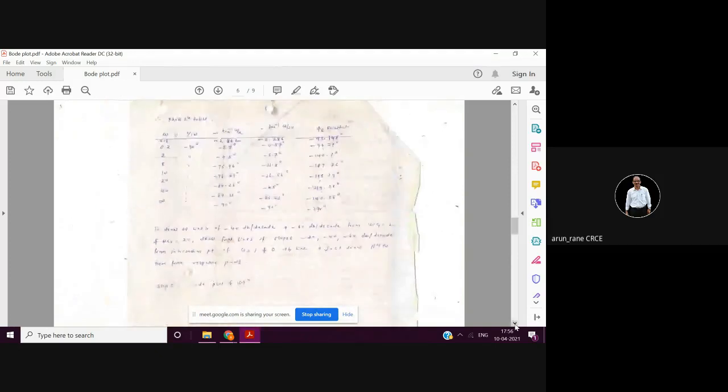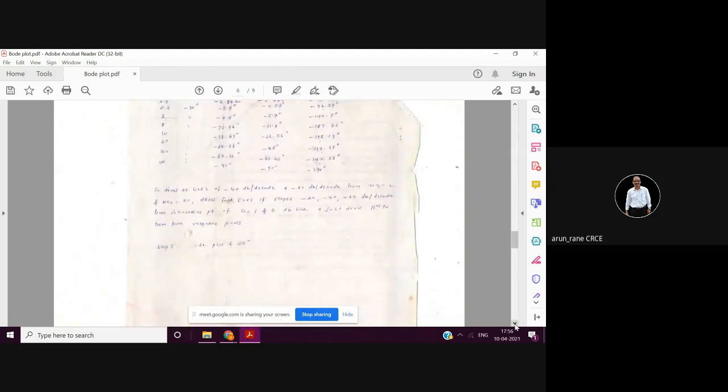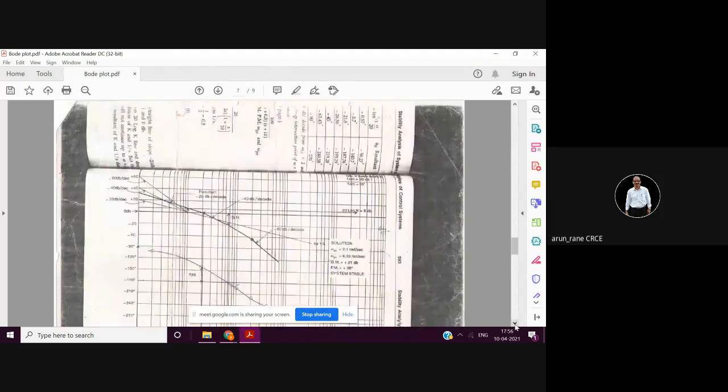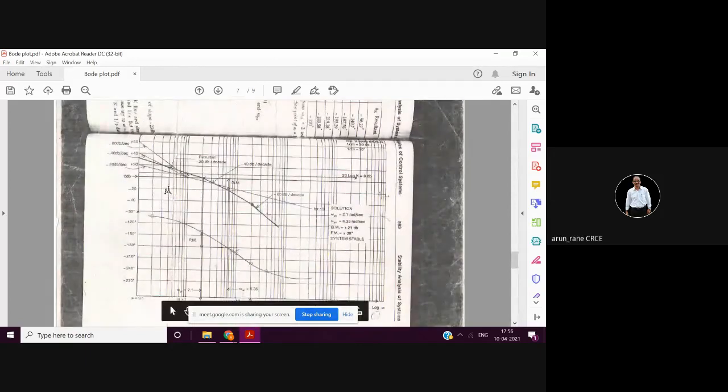If you have a calculator, you can calculate 20 log of 2 to the base 10. Can you see this 20 log of k? 20 log of k is now 20 log of 2, which is about 6 decibels.